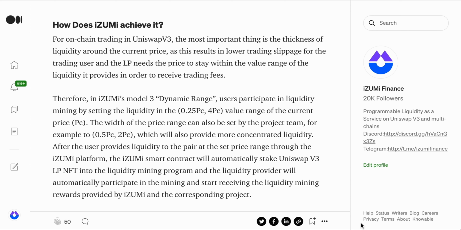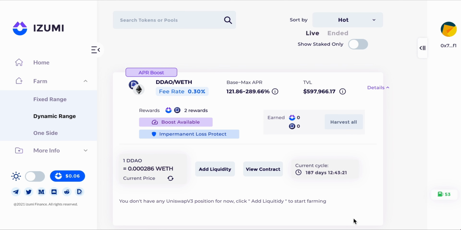It reduces the use threshold to improve the user's experience. At present, our dynamic range model has been launched on Polygon, and the liquidity pool of DDAO WETH has been opened. At this stage, the APR is very high, at almost about 300%, which is a very exciting figure.